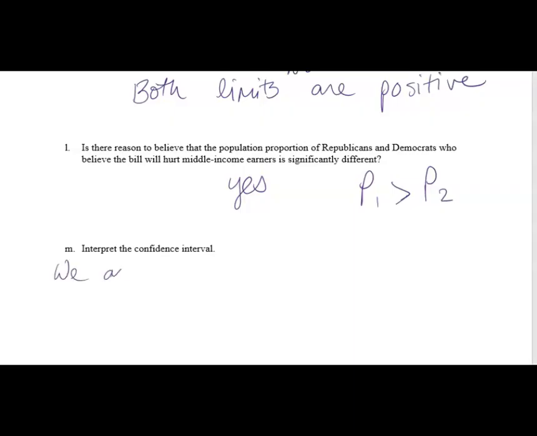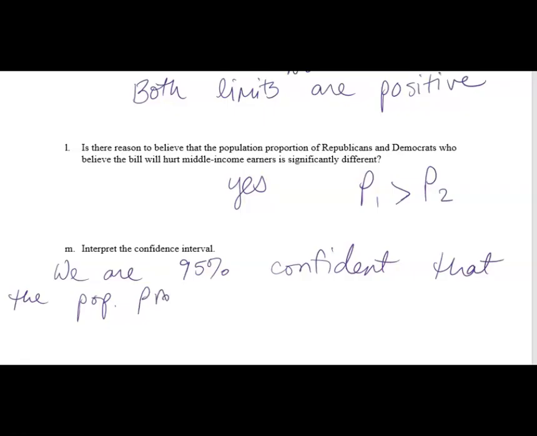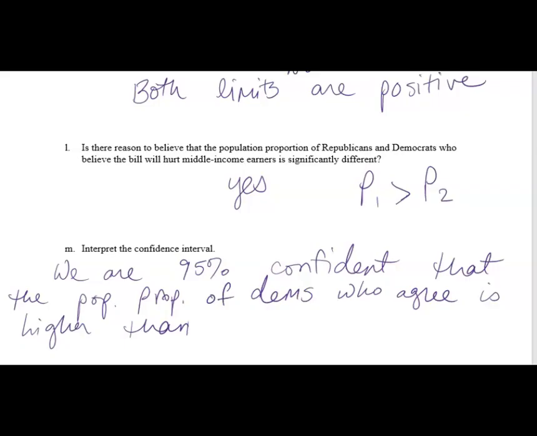We could say something like, we are 95% confident that the population proportion of Democrats, I'm just going to shorten this up and say who agree, is higher than Republicans by about, and you're going to use those percentages.